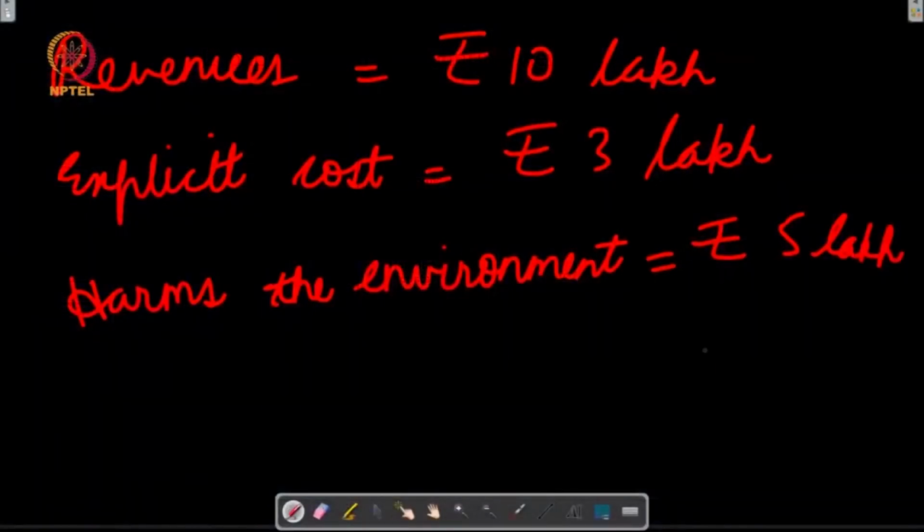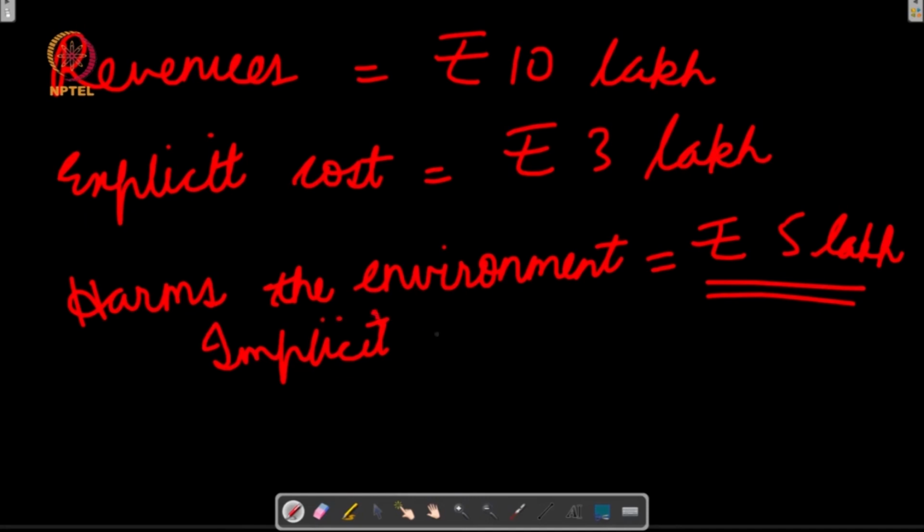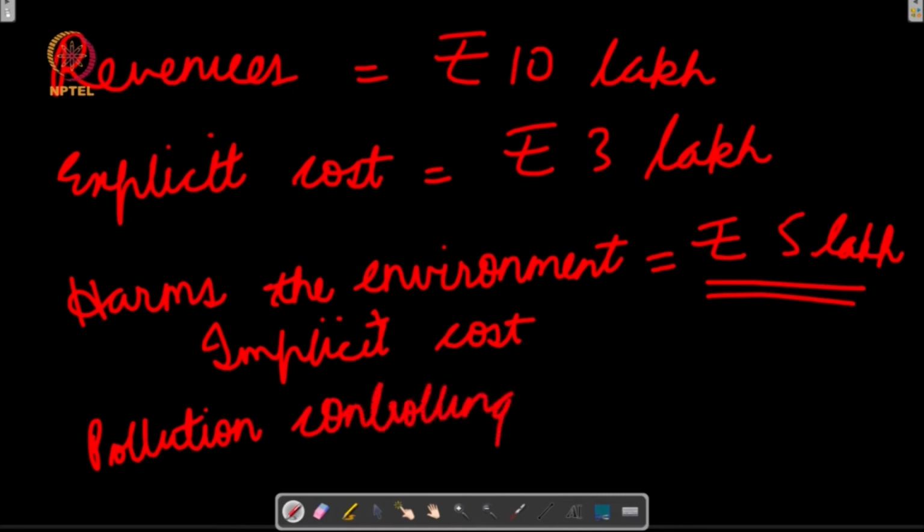Because if the environment was not harmed, then probably this 5 lakhs would have accrued to the society. So, this is an implicit cost. Now, this harm to the environment could probably have been removed, say, by installing a pollution controlling device, which would have cost the company 1 lakh of rupees.